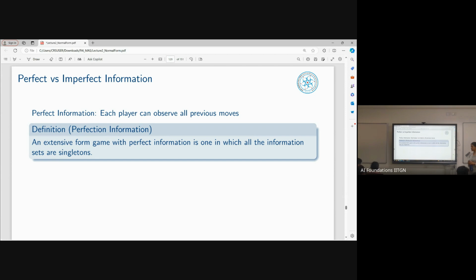So what is chess? Is chess a perfect information game or not? Perfect. Tic-tac-toe? Perfect. What about cards, poker? Imperfect. Can you give me more examples of imperfect information games?